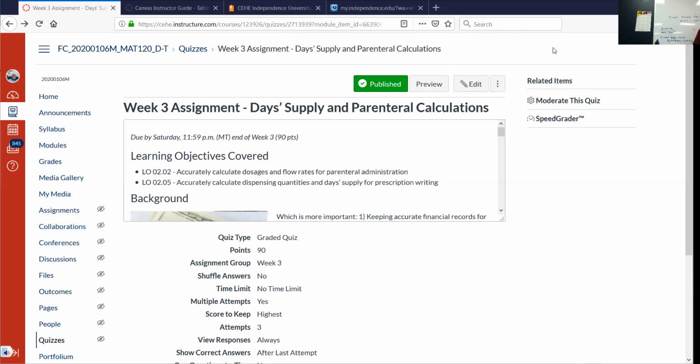Milliliters cancel. 5 times 15 is 75 drops per minute. So that's what the rate is. And again, our nurses know how to do that. So, make sense to everyone?